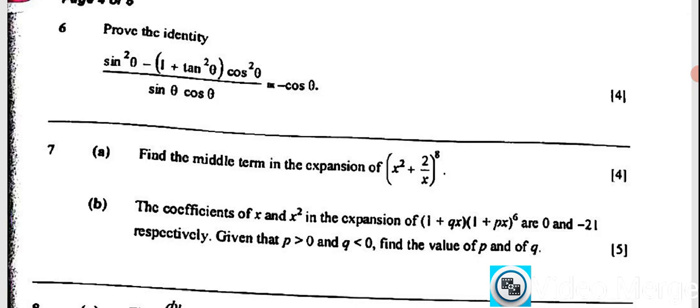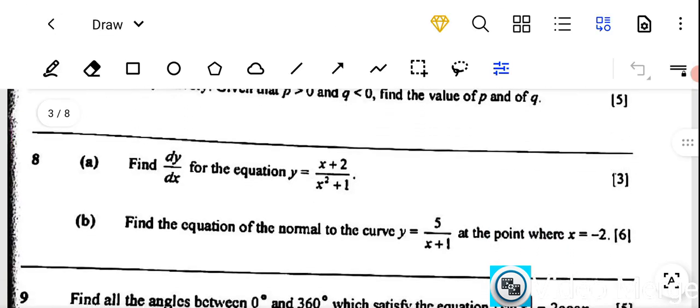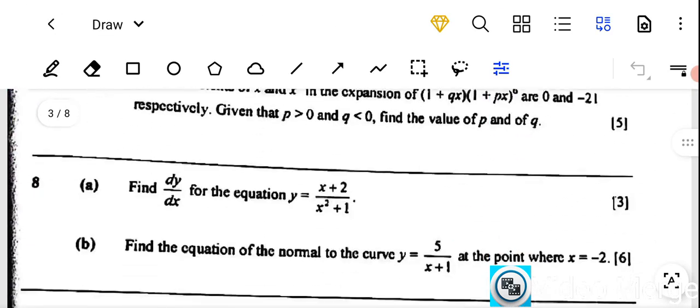Let's start by writing sin theta squared minus (1 plus tan theta squared) in brackets.